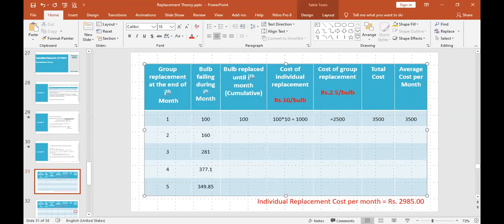Because we are buying 1000 new bulbs at the beginning of the first month. So it is 1000 into 2.5, and the summation of this 1000 plus 2500 would be the total cost, which is 3500. And average cost per month, so it is 3500 divided by the ith month, which is first month. So it is 3500 divided by 1, which is 3500.